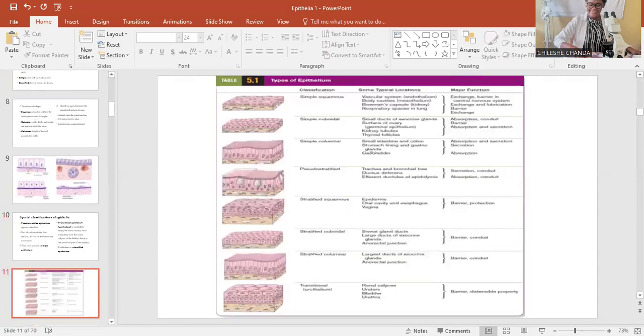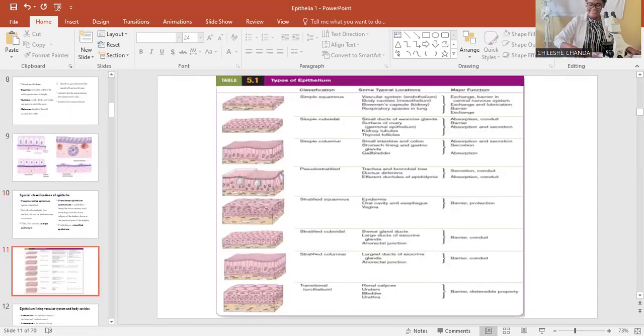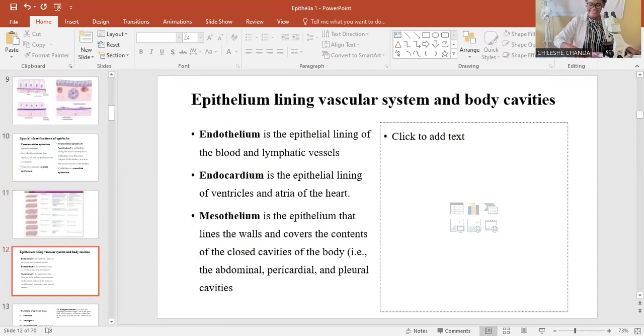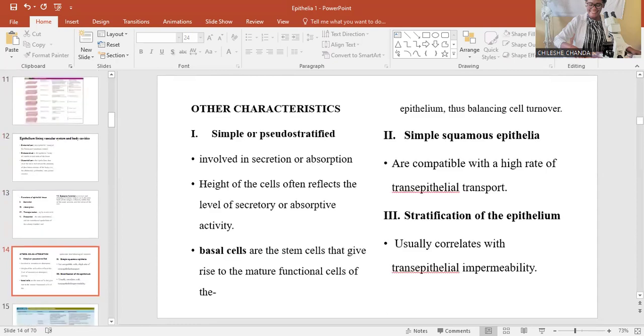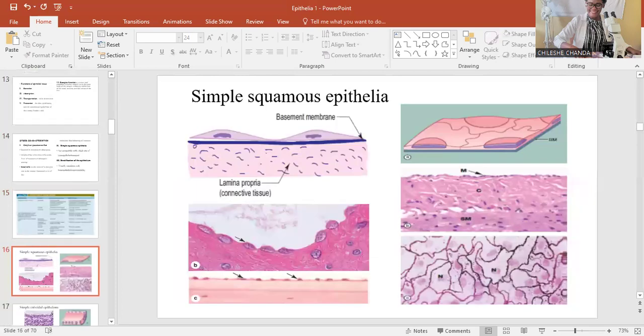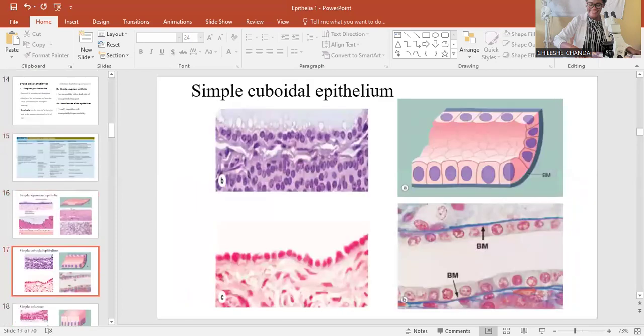We then went ahead and talked about the modifications, the apical modifications of these cells, where we looked at the cilia, we looked at villi, we looked at stereocilia.